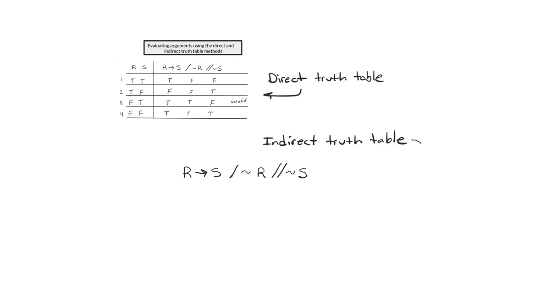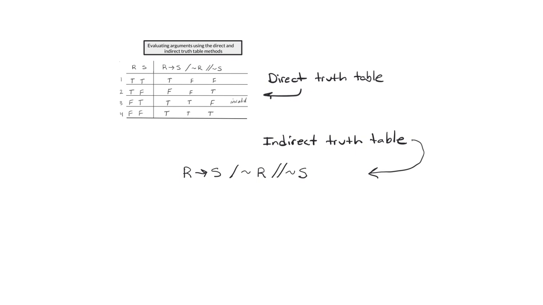The basic idea with the indirect truth table method is we're going to assume the argument invalid and then see if we can consistently apply the truth values such that it looks like true premises and a false conclusion. Okay, so we're going to start with the assumption that this argument is invalid and then plug in the truth values.